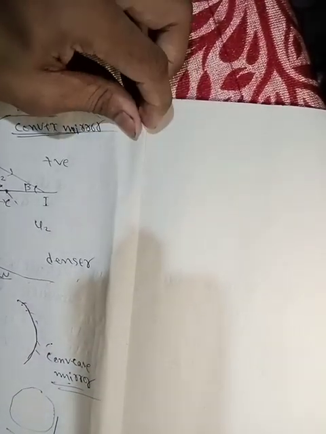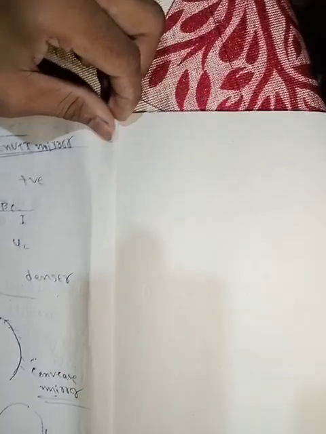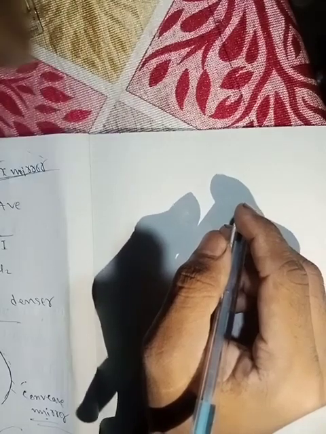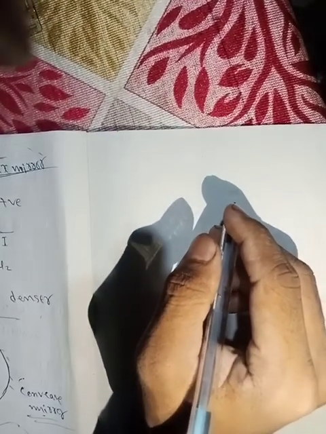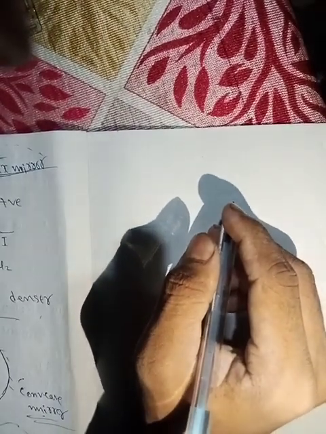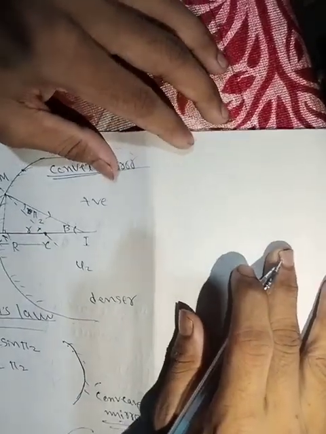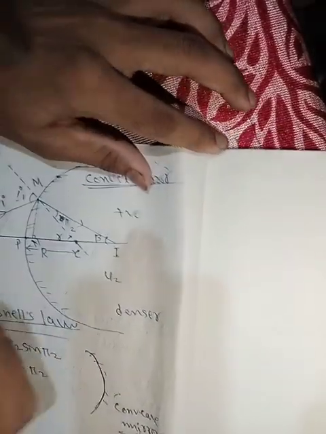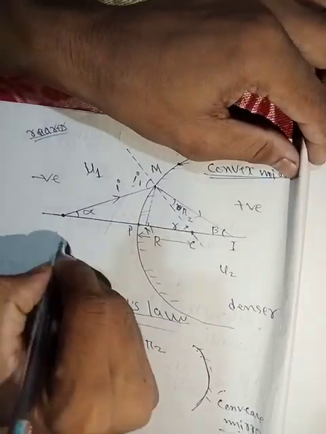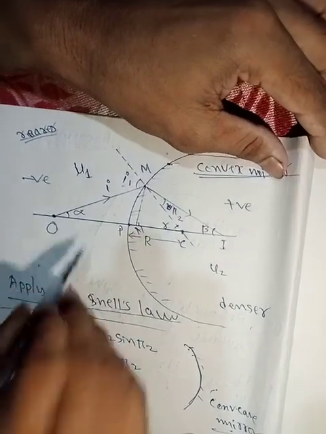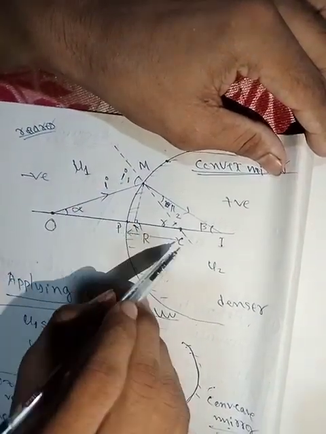So my dear friends, to derive this equation, you need to take triangles. First we take the triangle OMC. Let's say this is an object called OMC.